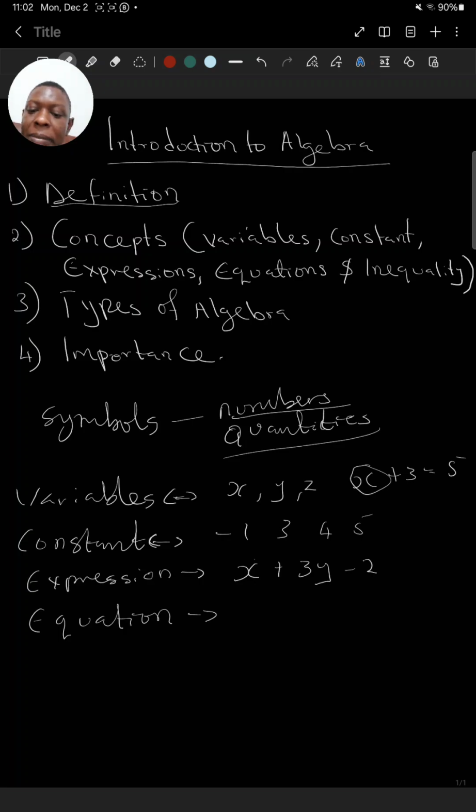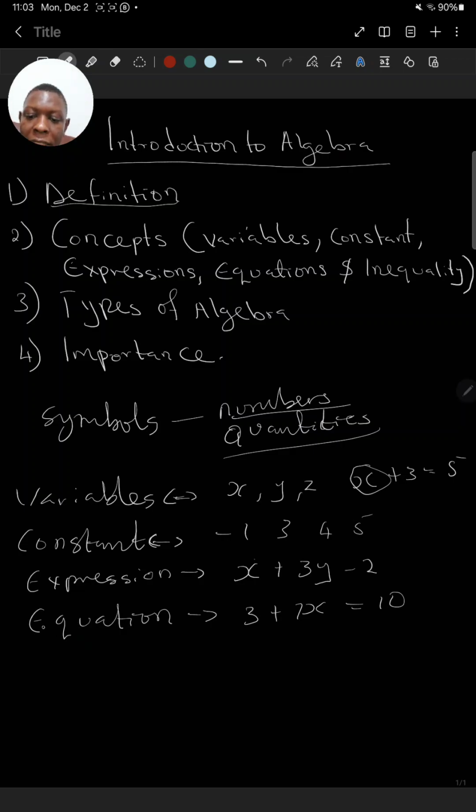Look, for instance, we have 3 plus 7x is equal to 10. So this is one side of an expression, and this is another side of an expression. When these two sides are equal, you say that that is a mathematical or an algebraic equation.